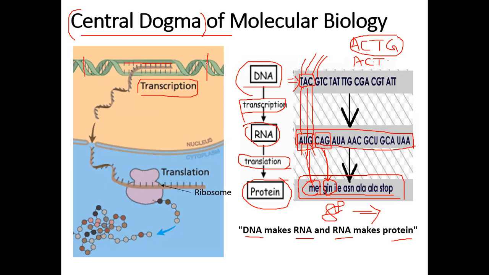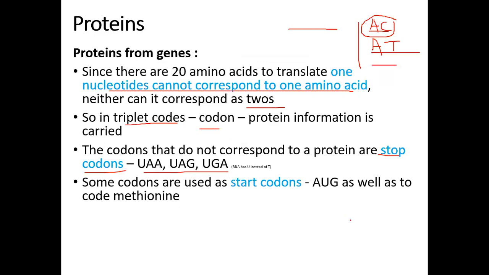Okay, so for that also, there are particular codons or three-letter groups available to identify those stopping points and starting points. Okay. So starting points are called start codons. Stopping of the genes is called stop codons.